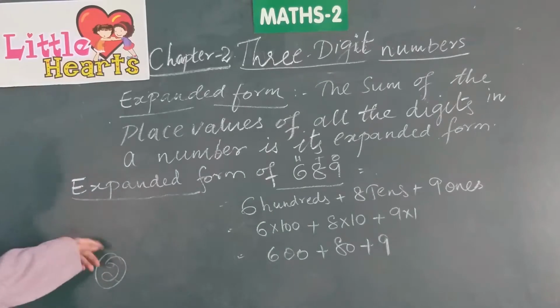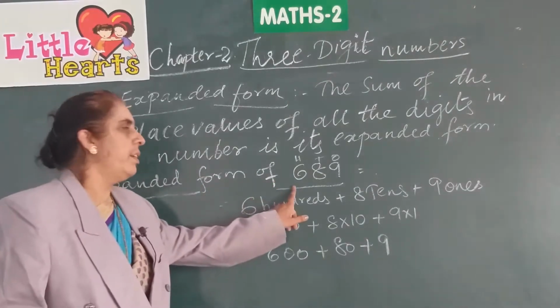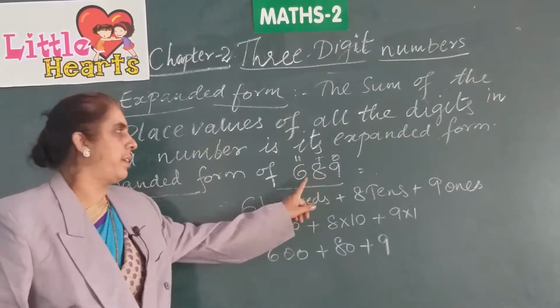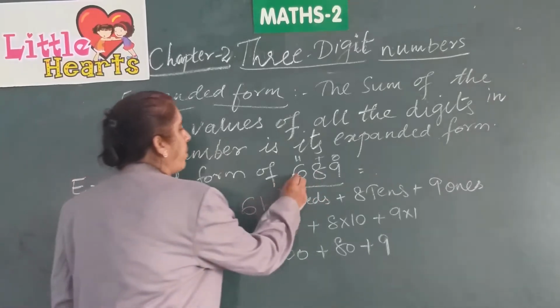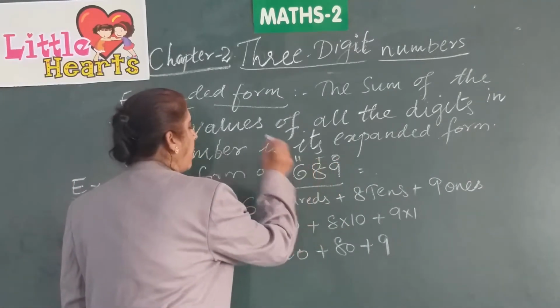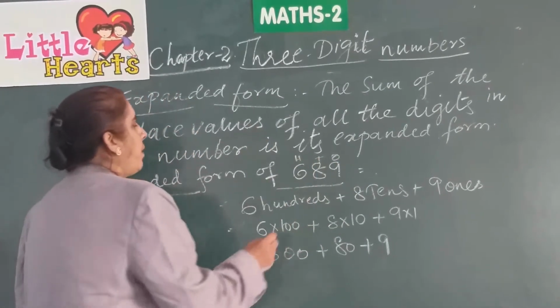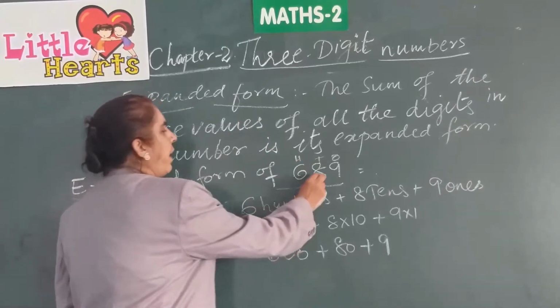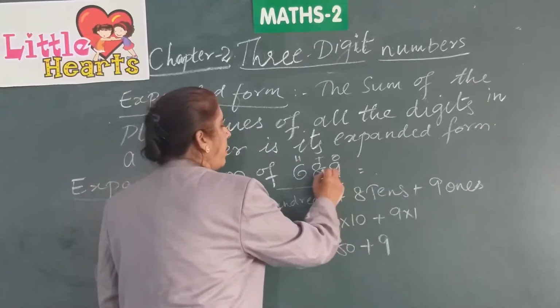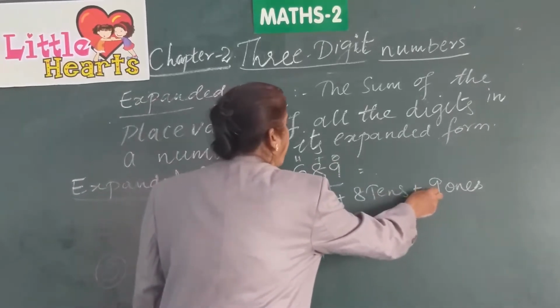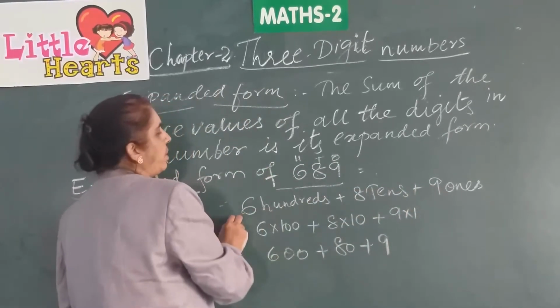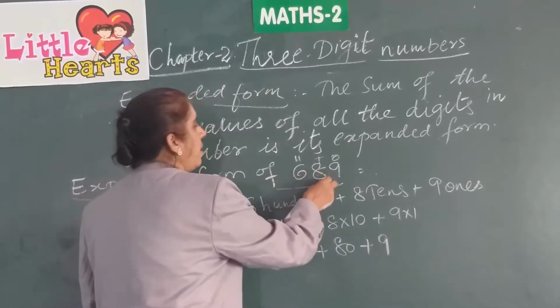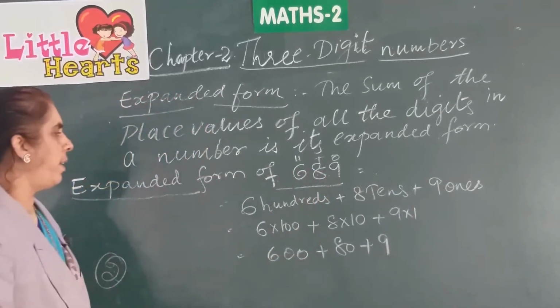See, we shall write the expanded form of this number, 689. Mark the places on the number: ones, tens, hundreds. Now, write the place value of 6 hundreds, 8 tens, and 9 ones.